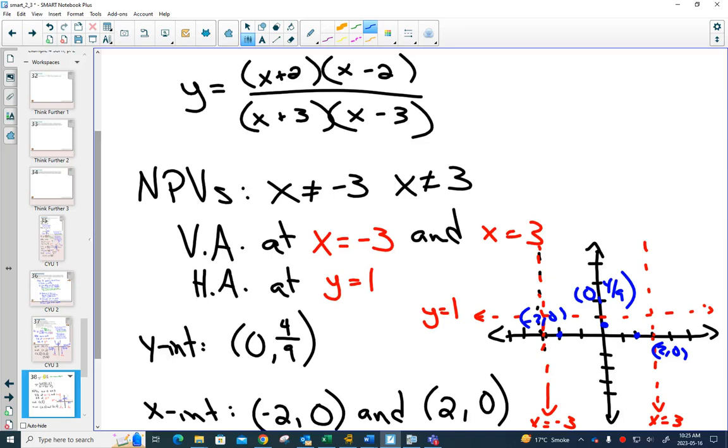We have a lot of points in the middle section. In fact, in the middle section, you have enough information to draw the middle section towards the asymptotes. Goes through those points and towards the asymptotes.